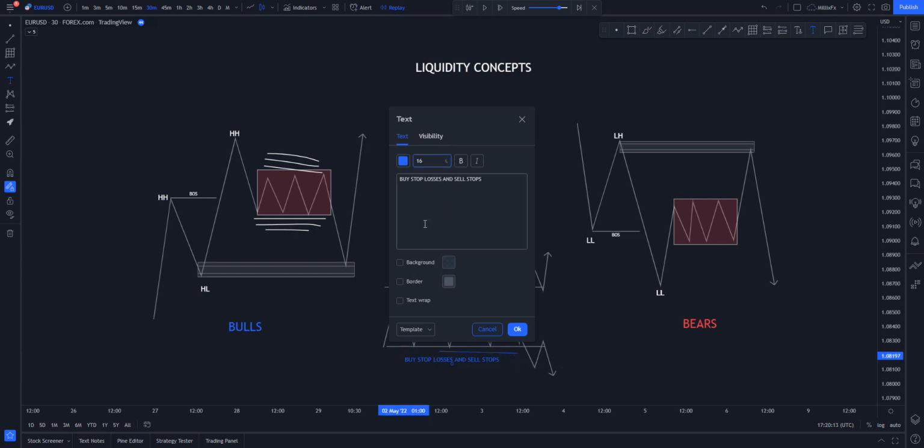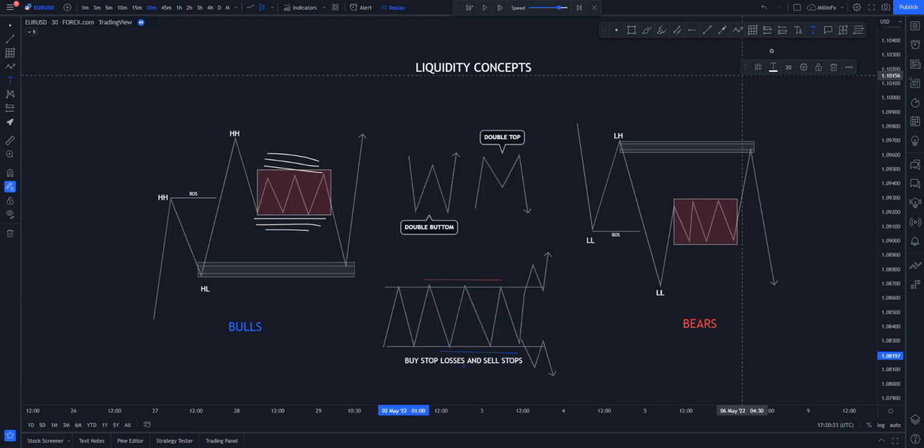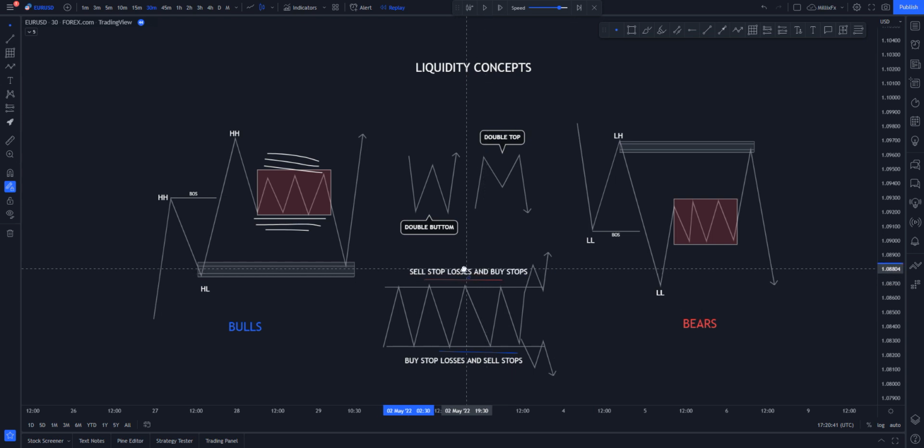Let me make the text size 20, and in white so you can see clearly. We also have sell stop losses, and buy stops. So we have these two things.